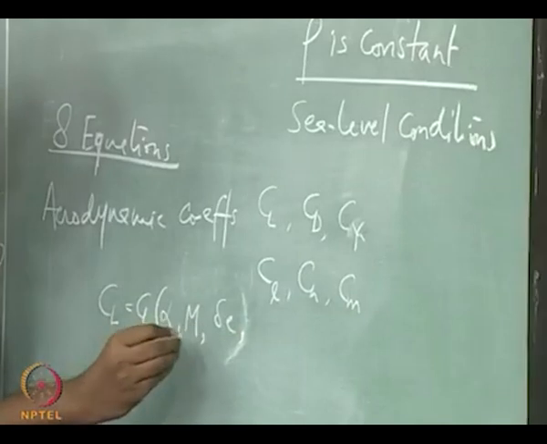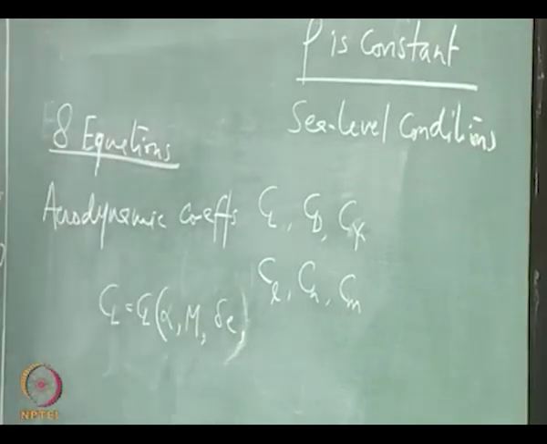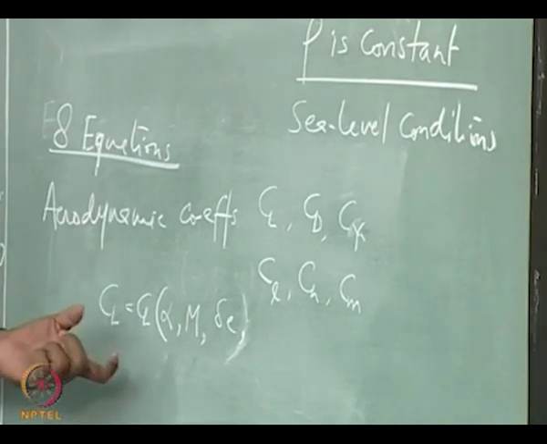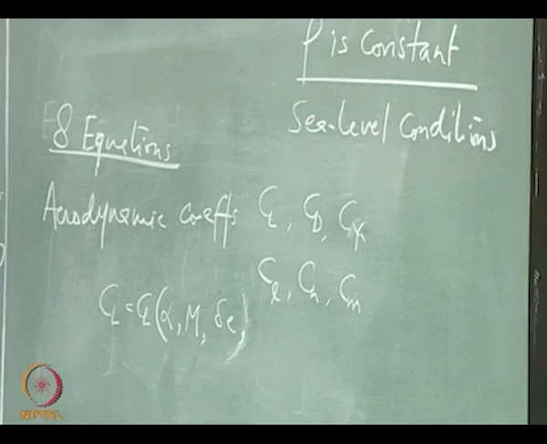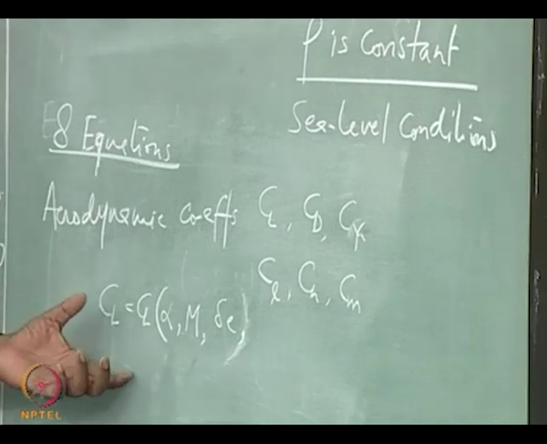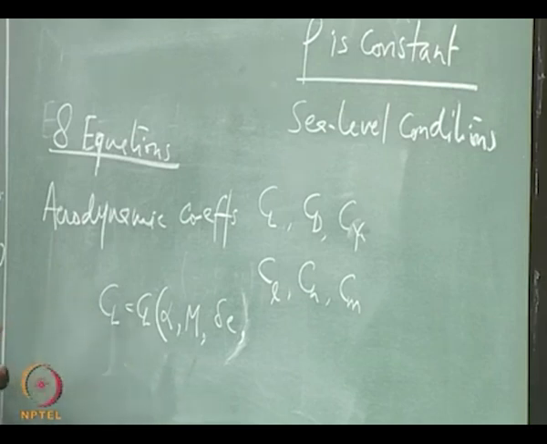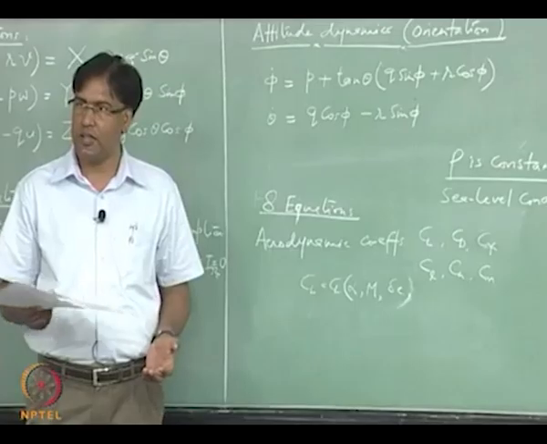Anything else? CL is a function of elevator also, the control input, and that can also become non-linear at higher angles of attack, in the post stall region. Anything else? CL may also depend upon the angular rates of the aircraft.